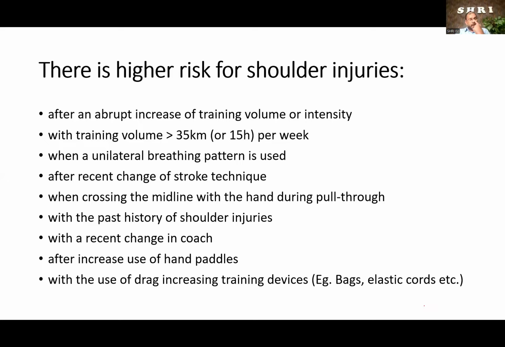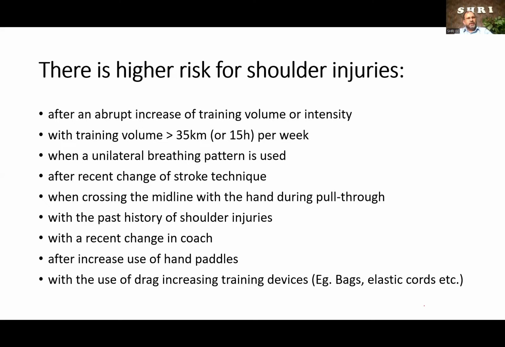Unlike other sports, swimmers sometimes train twice a day, morning and evening. If they train more than 1 hour a day, twice, then in 1 week they will be doing more than 15 hours in total. So this is also very important. Training volume is very important in shoulder injuries.